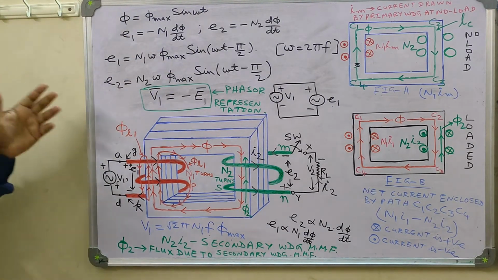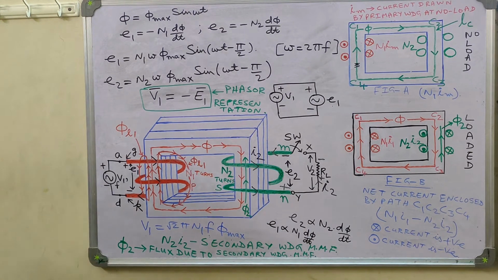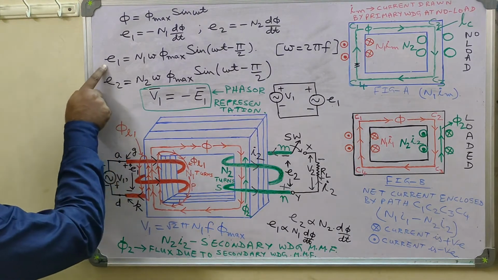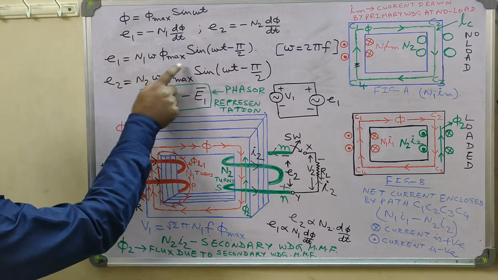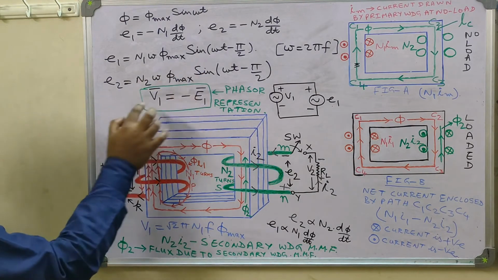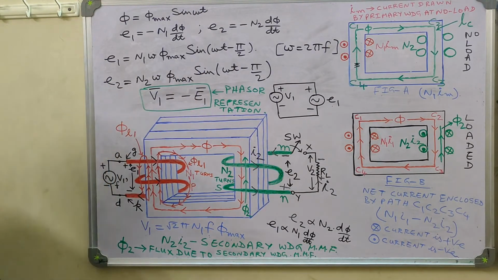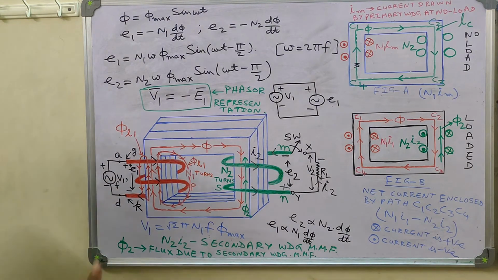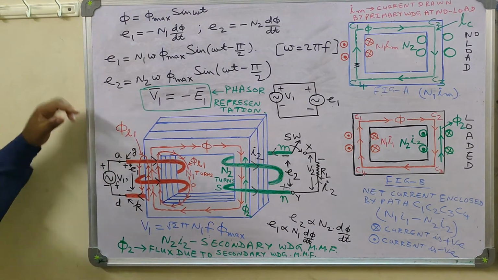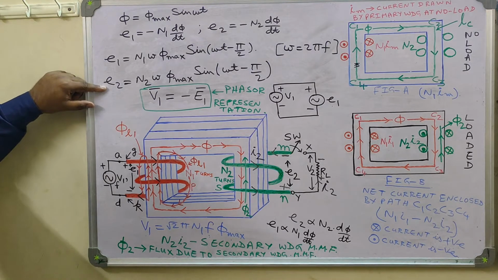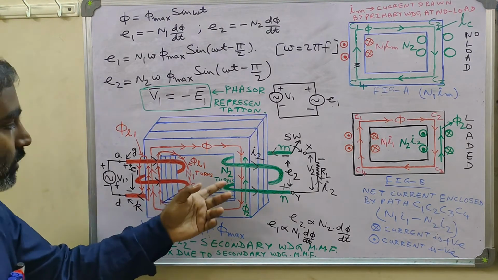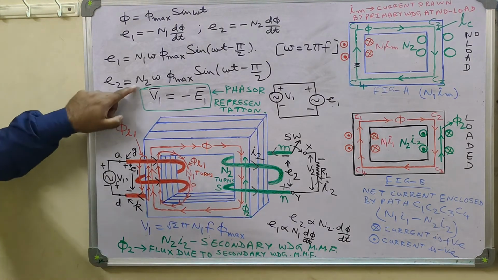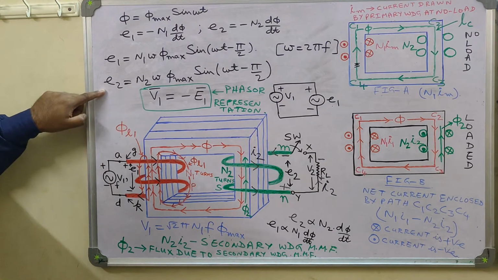Now one thing you can always make out is that if you compare the expressions of E1 and E2, all the terms are the same except for N1 and N2. So if the secondary coil has a large number of turns, N2 will be higher, so E2 will be higher. If the secondary winding has fewer turns, N2 will be lower, and E2 will be lower.